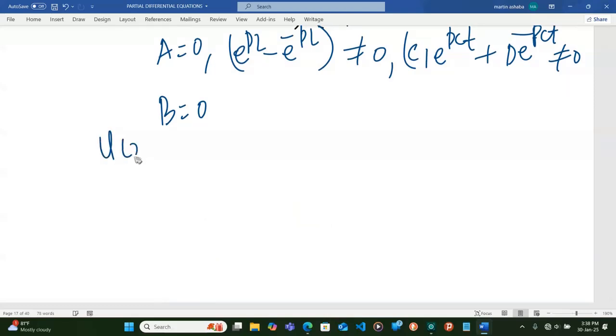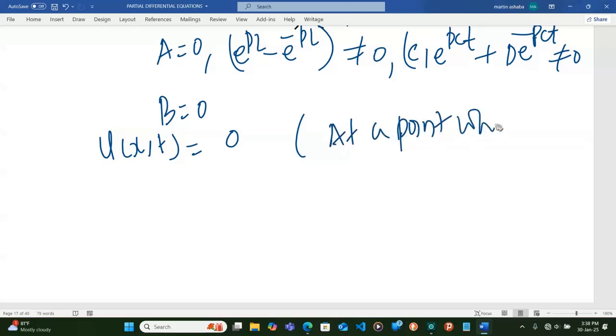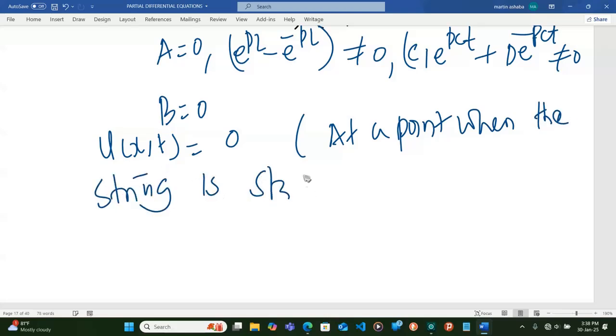So if we finally have that u x of t is equal to 0, this is telling us that at a point when the string is stationary.